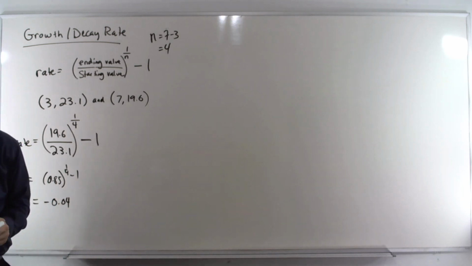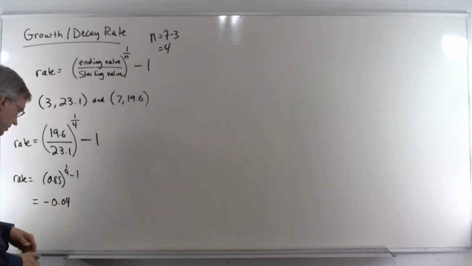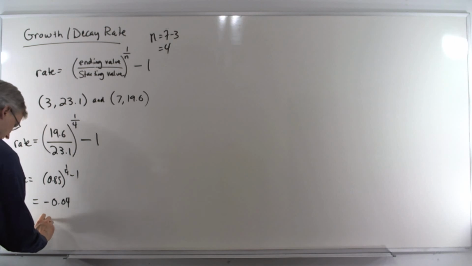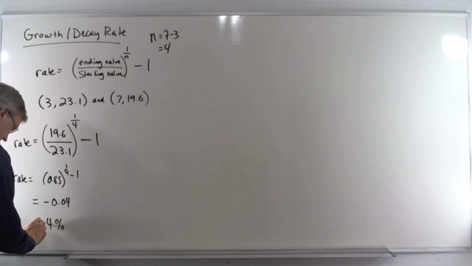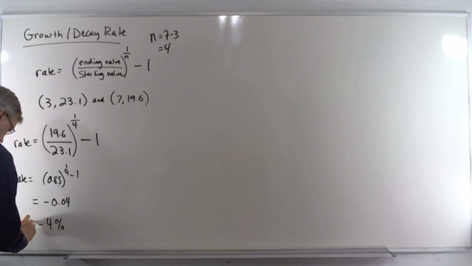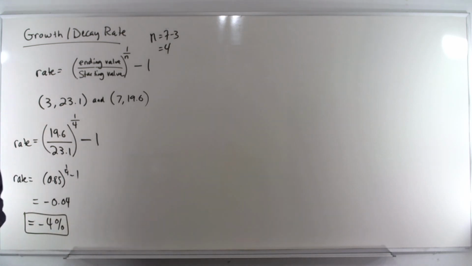So there's our decimal value. Now we want to convert this to a percent. So we'll take that decimal, move it 2 places to the right, and we get a negative 4% decay rate.